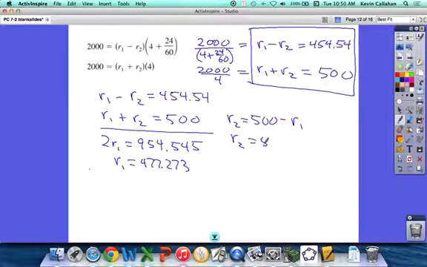R2 equals 500 minus 477.273, which is 22 point, can we figure that one out? 727. There we go.